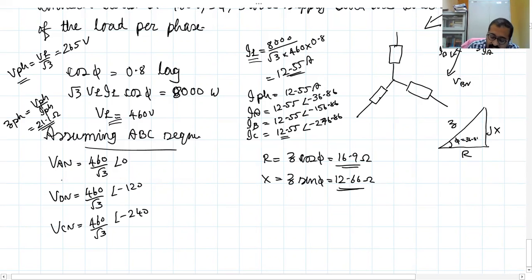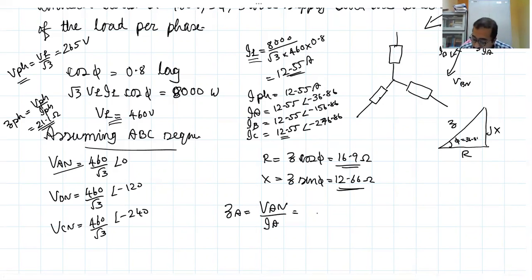Or you simply take the ratio of phasor voltage to phasor current. So ZA will be VAN divided by IA. Do that calculation and you will get some value, Z angle theta.